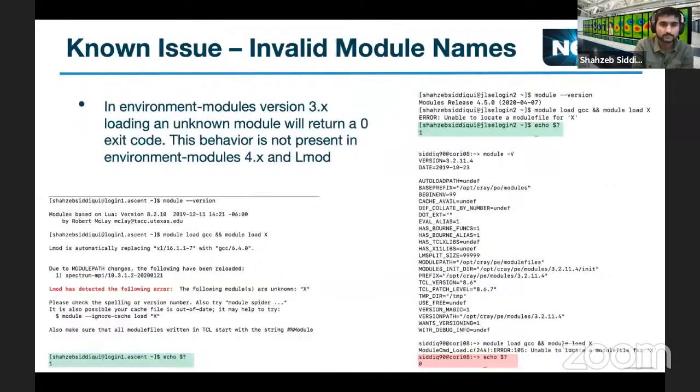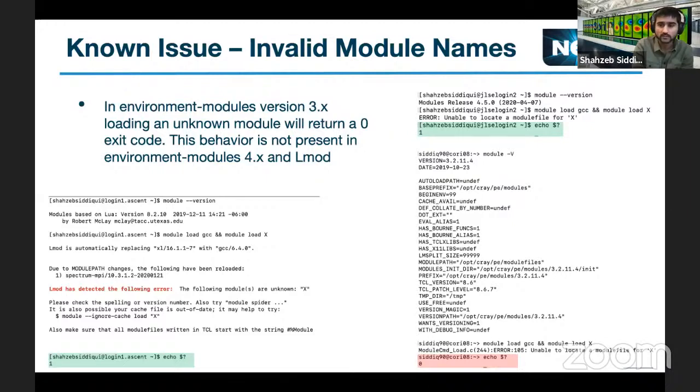Yeah. I just wanted to bring up some known issues. If you have environment modules 3, which we do have here in Cori, if you load an unknown module, it will return an exit code 0, which is not the right exit code, as you can see on the bottom right.